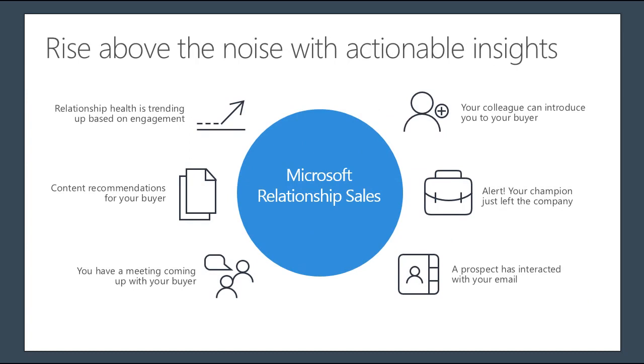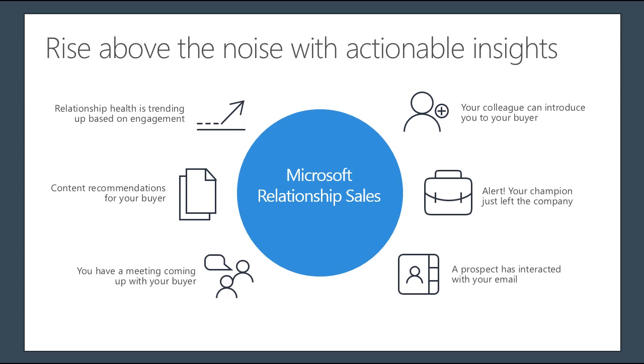So what you can get out of relationship sales is how your relationship is doing, some automatic recommendations, how to reach out to the right person, how to get someone to introduce you to the right person, and some very important alerts.